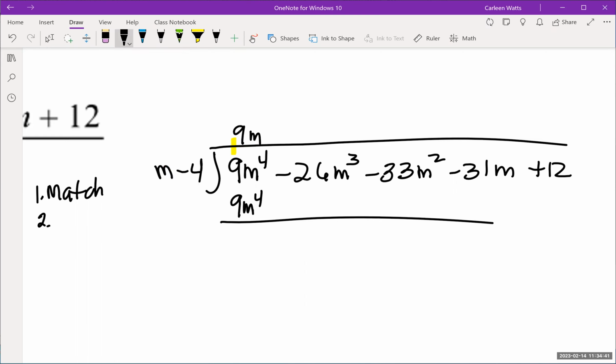Nine m cubed. Okay, multiply. Nine m cubed times m is 9m to the fourth. 9m cubed times -4 is negative 36m cubed.